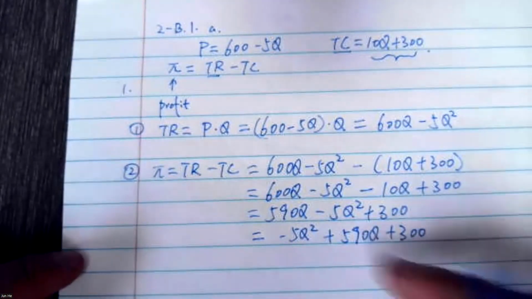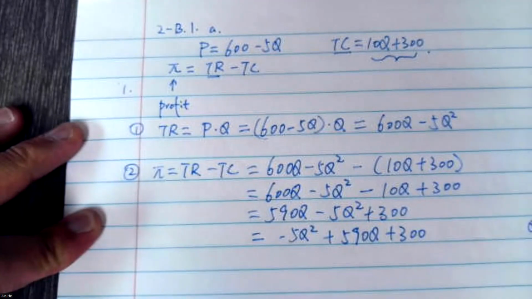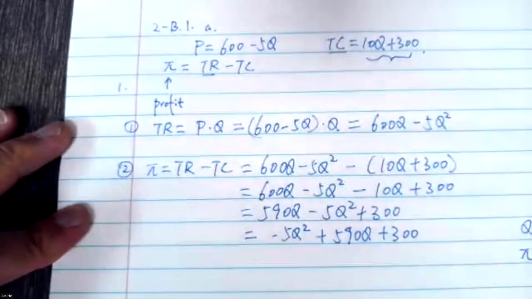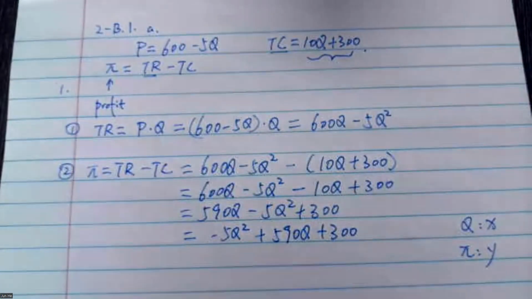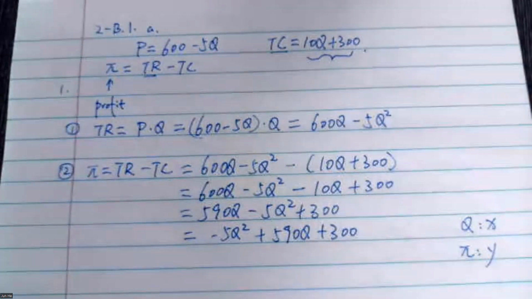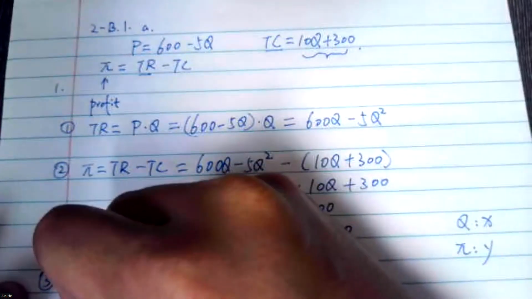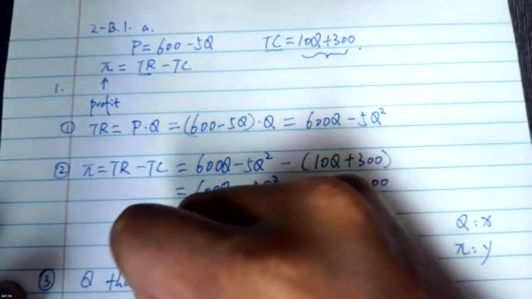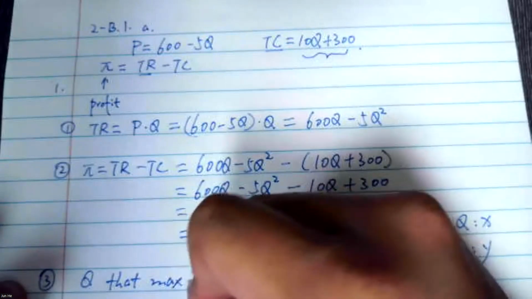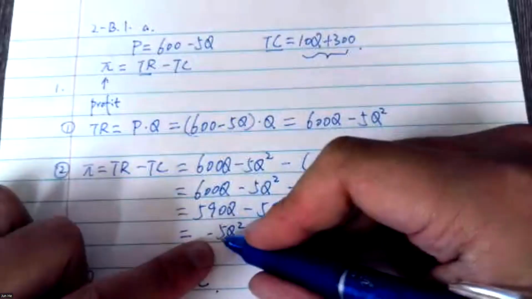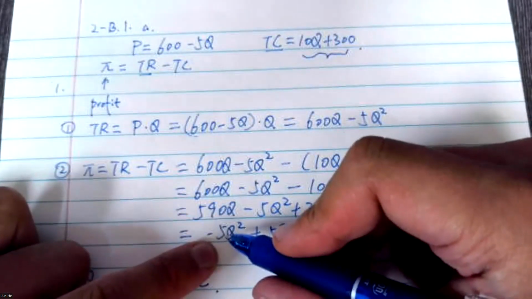In which Q is your x and pi is your y. Okay, so for step 3, for us to work out the Q that maximizes the profit, first, the a term equals minus 5.